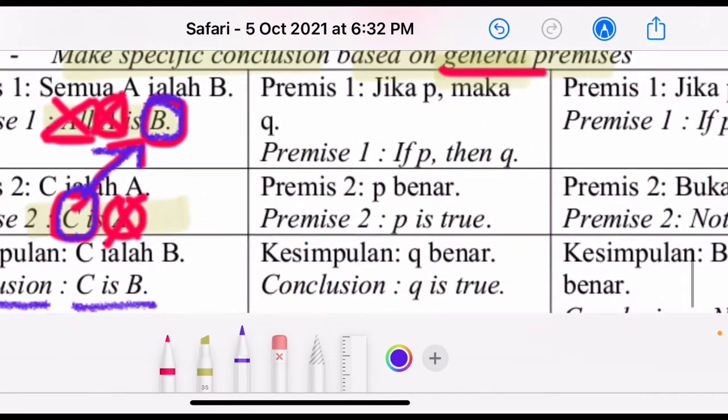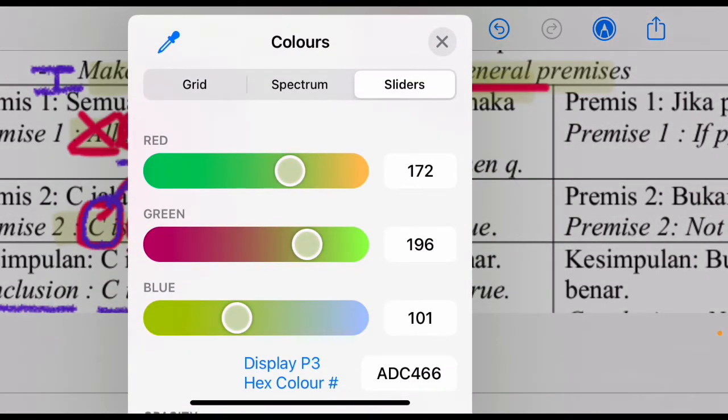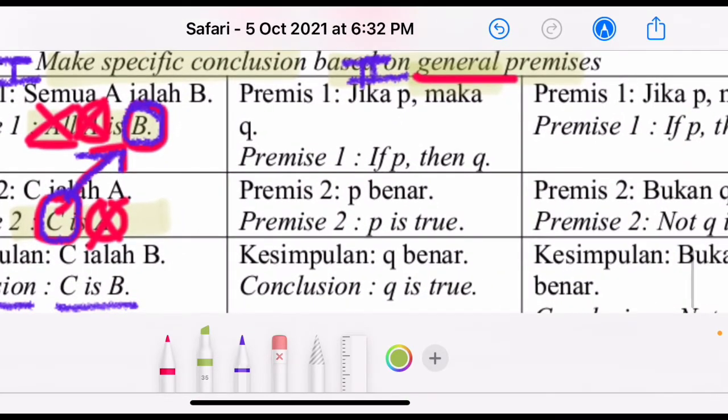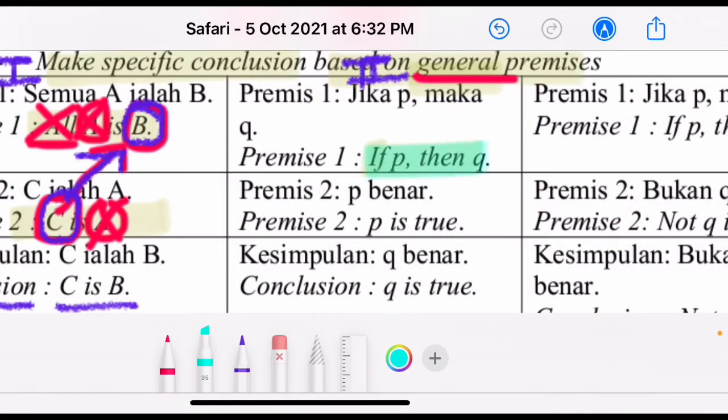We have 3 types in fact. This is the first type. For the second type we have "if, then". You have to memorize the types. So let's see this one. Premise 1: if P then Q, right? I'm going to highlight the "if P then Q".